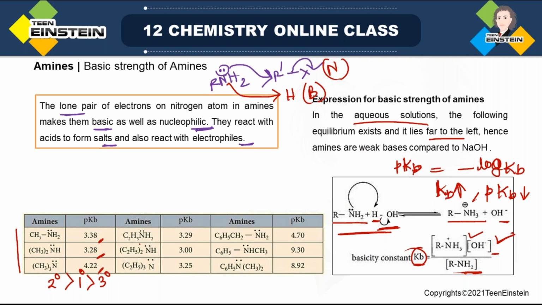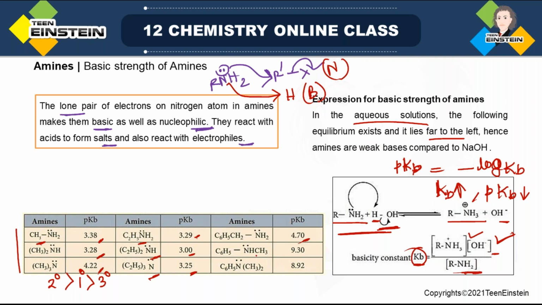Then again we have taken ethylamine, diethylamine, triethylamine. In the first column the alkyl group is methyl, but now it is ethyl. In this case also 2 degree is maximum basic, after that it is 3 degree and then 1 degree. Then we have taken benzylamine, PhCH2NH2, 4.74, that means lowest pKb, highest basicity.